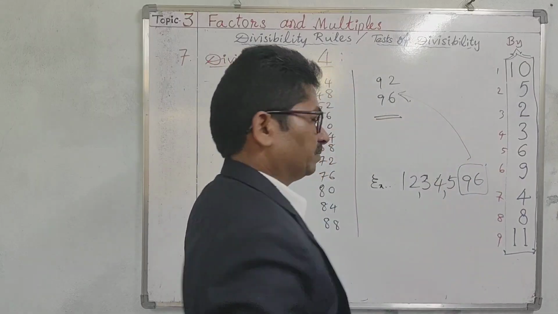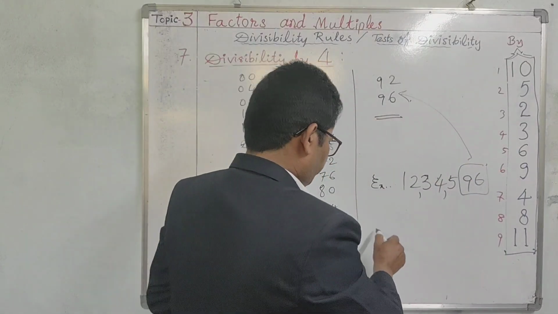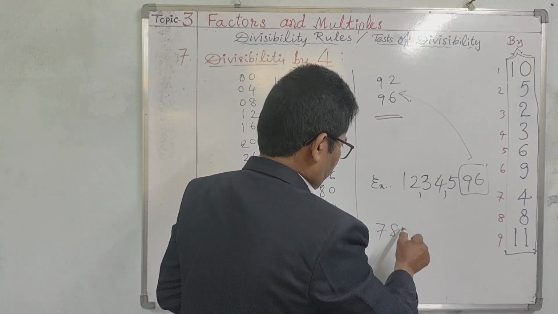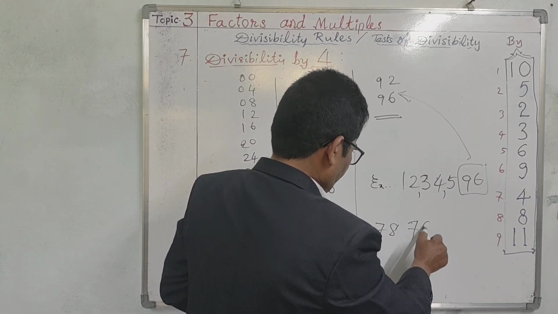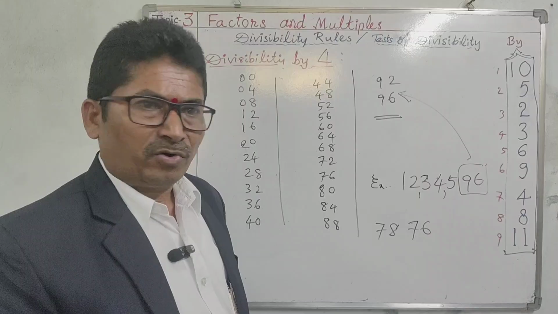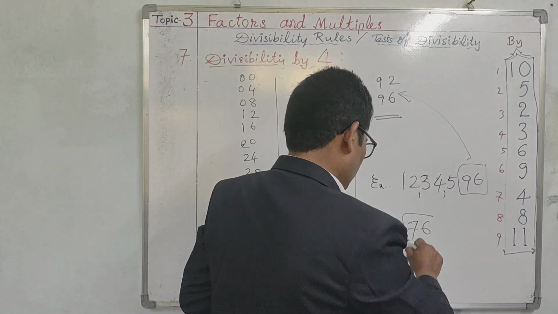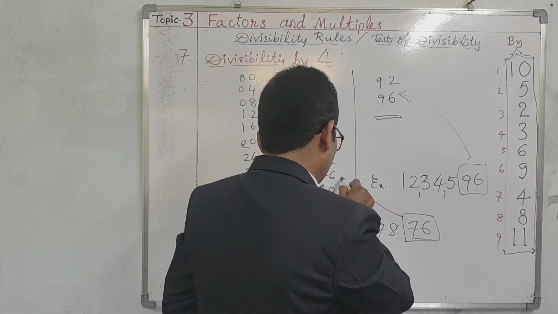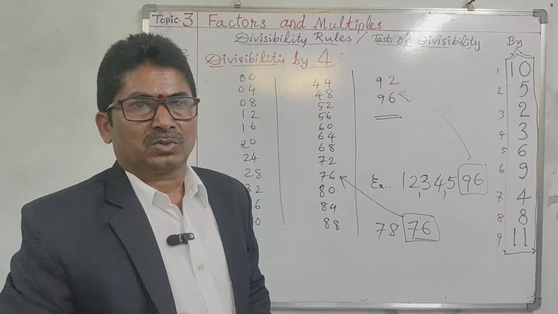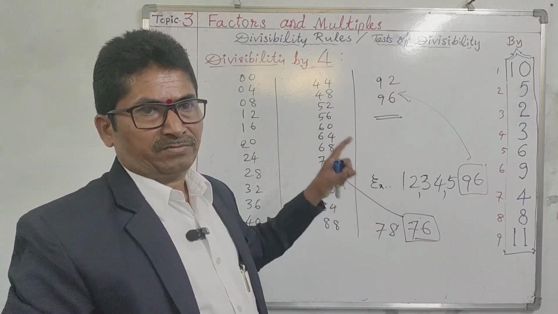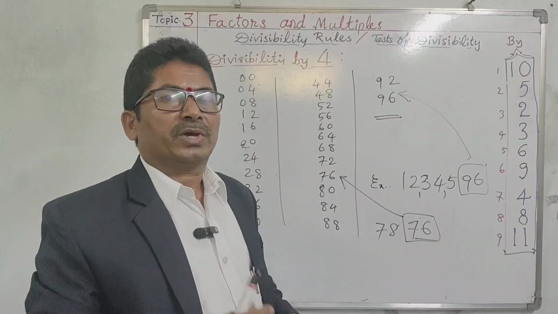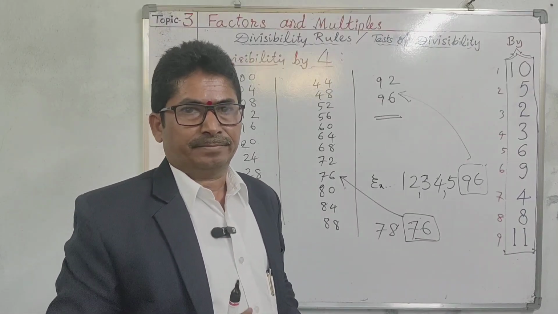One more number, 78,76. Is this divisible by 4? Yes, here is the 76. So we can say like this. If you remember this sequence, if you remember these digits, you can identify easily.